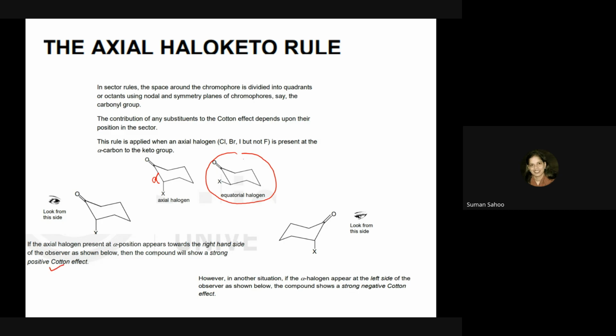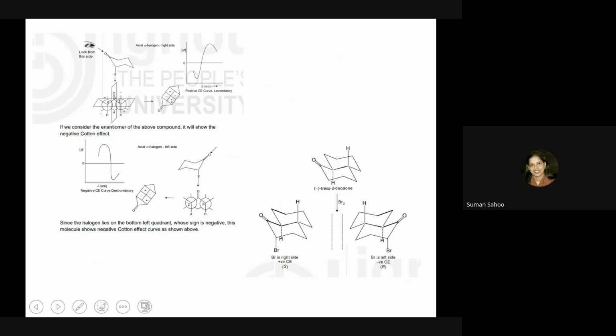But if you are seeing this molecule from this side, and the alpha halogen appears on the left hand side of the observer, then that would show a strong negative Cotton effect, and these two are mirror images of each other. So if one enantiomer gives you a positive Cotton effect, the other enantiomer will give you a negative Cotton effect. So by seeing the Cotton effect, you can say which isomer you have, whether R or S. You can give the configuration.